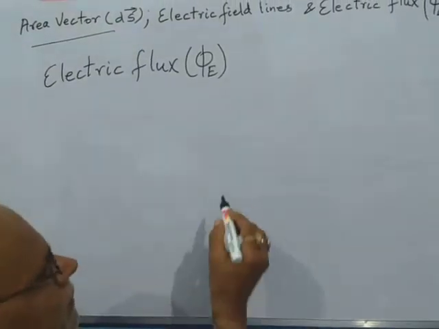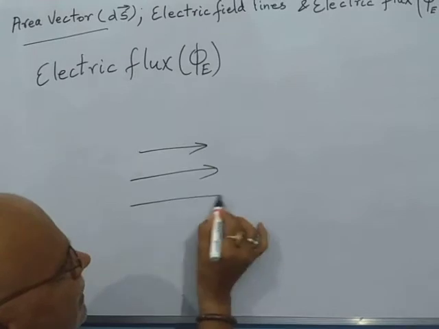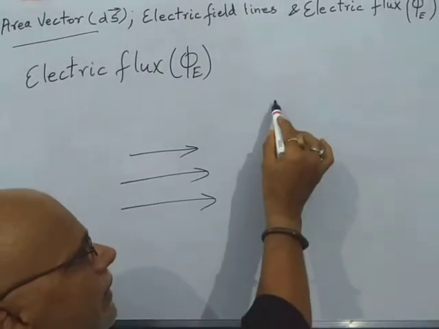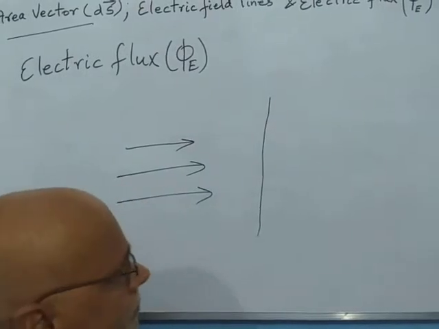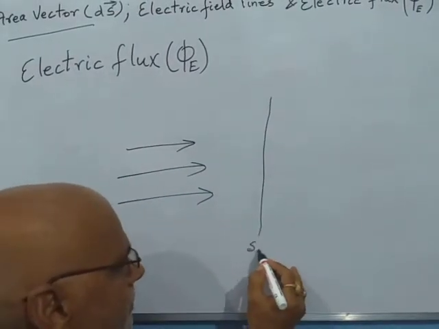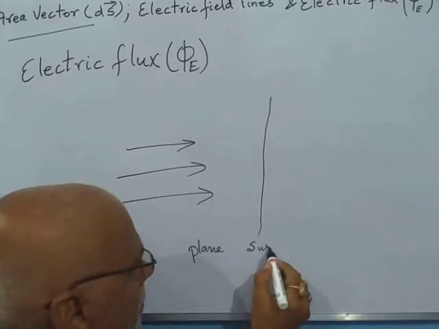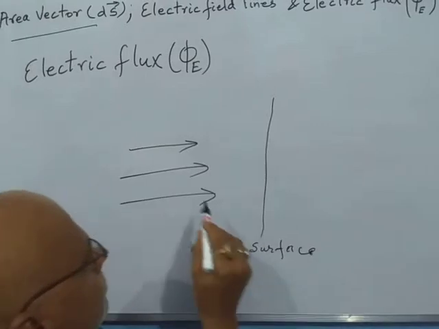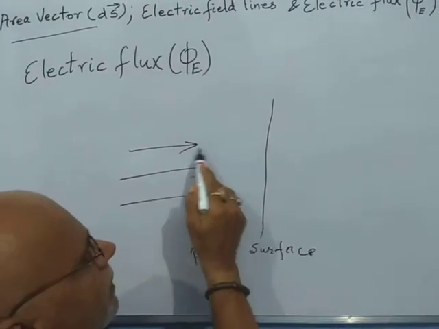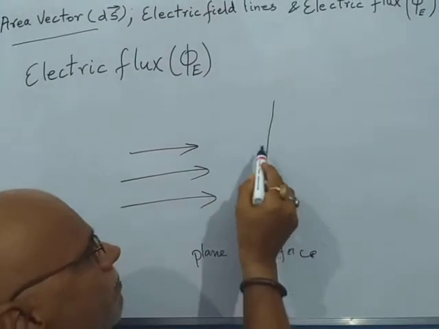Say for example, we have a uniform electric field existing over there, and a plane is held perpendicularly to it. This is a surface, a plane surface. Then in this case, the maximum number of electric field lines are passing through the surface perpendicularly.